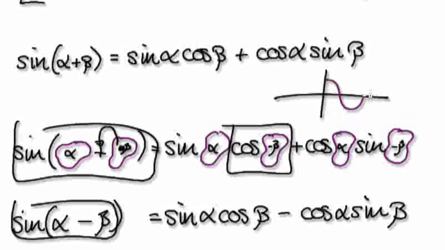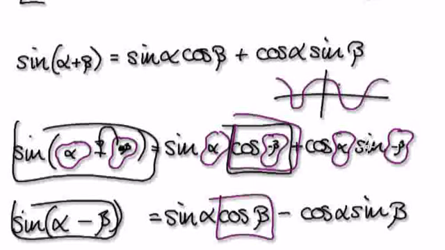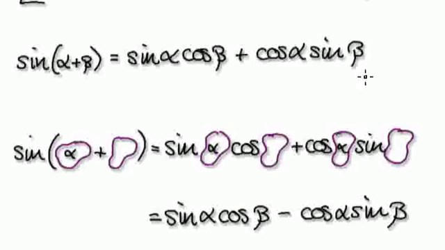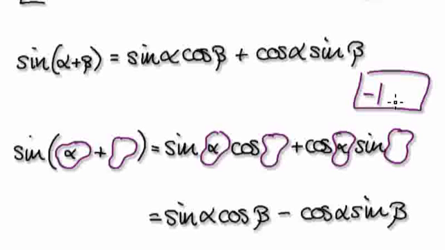Remember, cos of x looks like this. So this thing here becomes this thing here, and remember that sine of minus an angle equals negative sine beta.